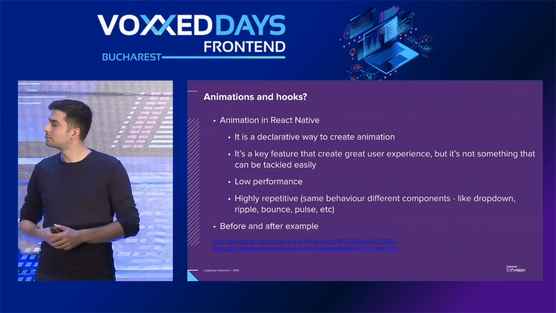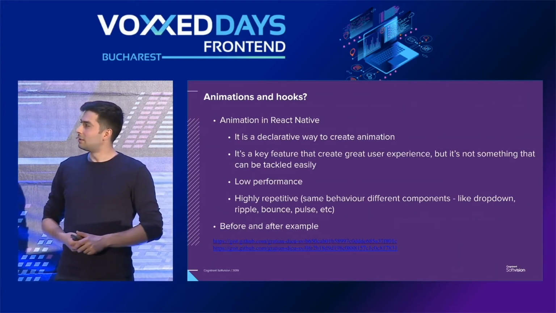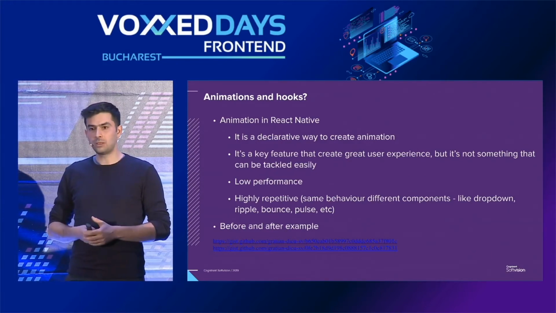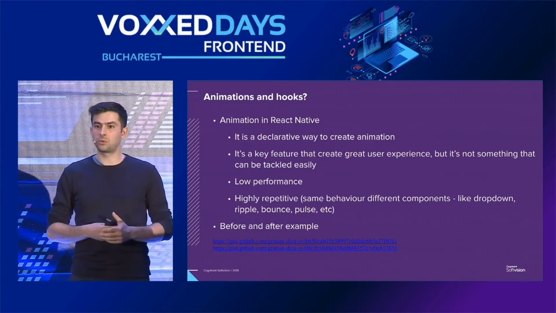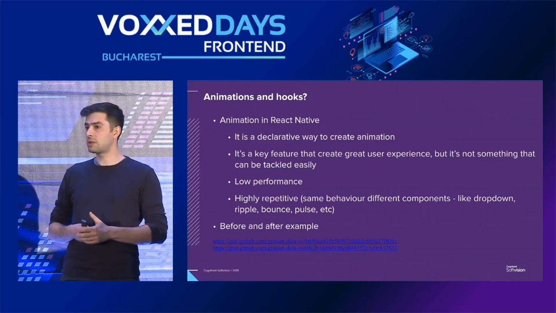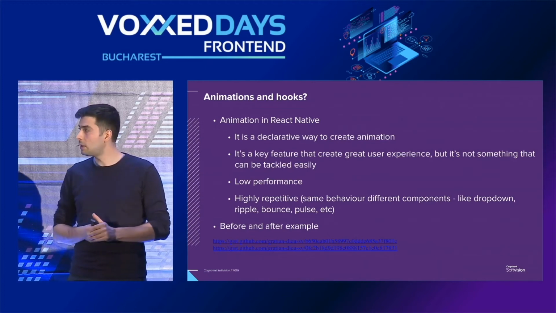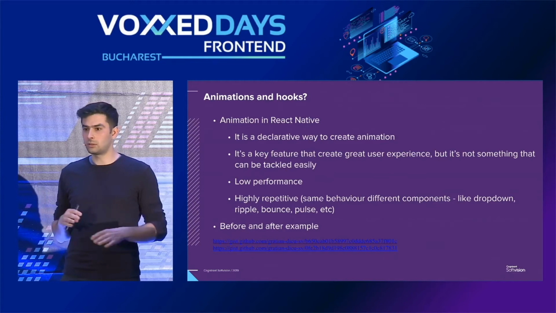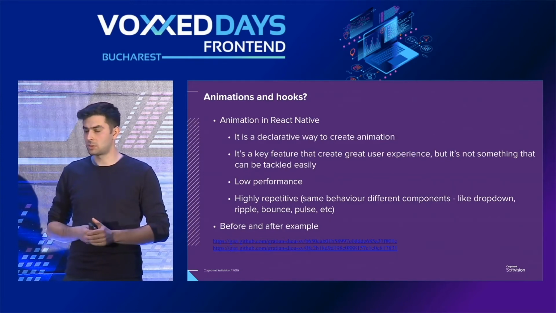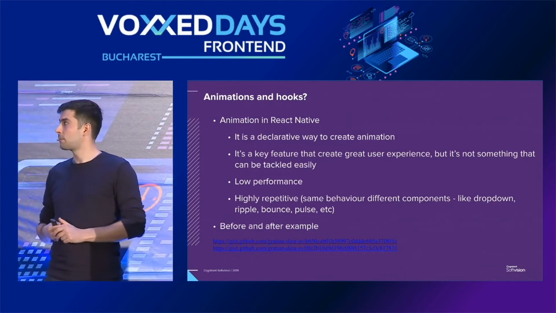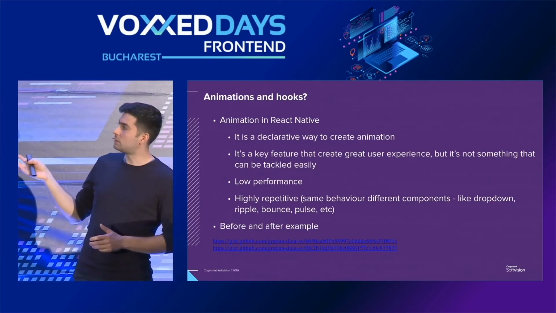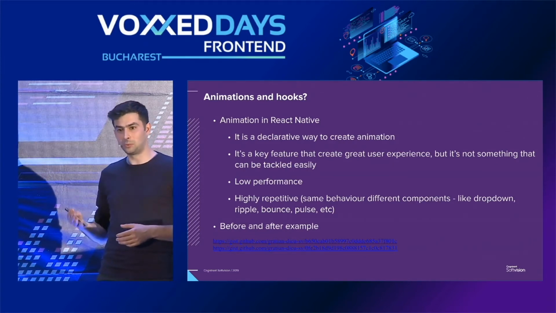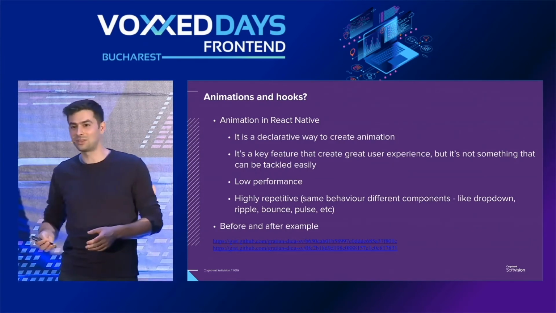They're a declarative way, and they might be lowering the performance of our application, because if you're not writing them properly, you might end up hitting the bridge too many times. That's why I've added low performance: if you use hooks and work hard on one hook, you can then reuse it and not bother again.